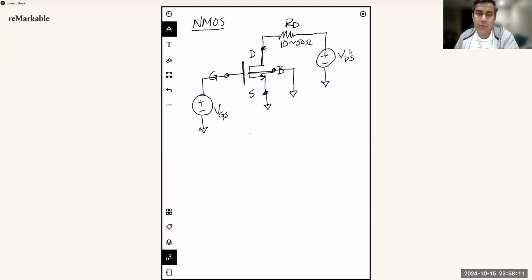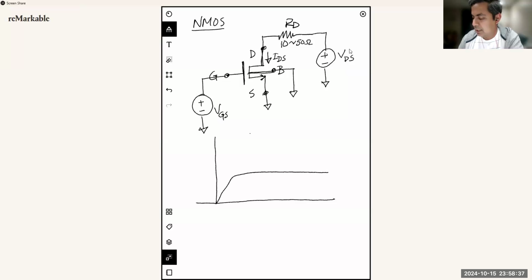So we are going to do a DC sweep analysis. For the DC sweep, we are going to sweep both VDS and VGS, and we are going to observe what the current IDS looks like with respect to VDS. Ideally, as I drew a little bit ago, our IDS curve will look something like this.